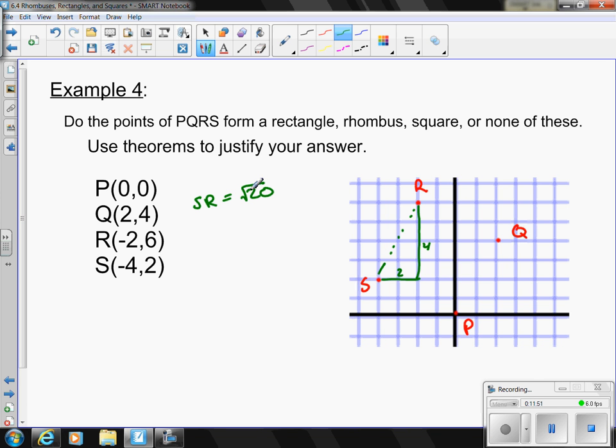And doing the same thing here, RQ is going to be 2 squared plus 4 squared, or the square root of 20. And continuing on, QP is the square root of 20, and SP is the square root of 20.